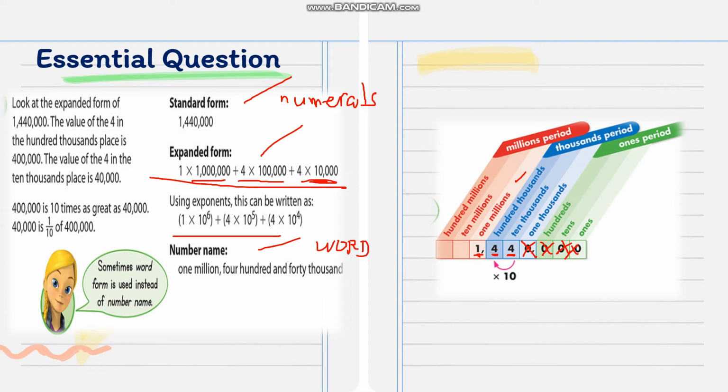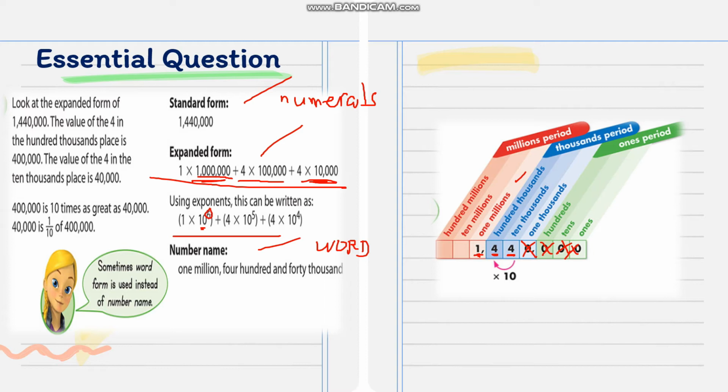How am I going to change that into expanded form using an exponent? You just simply use the base 10. So the first digit is 1, multiplied by 10, and this is 1 million. So 1 million has 6 zeros, so I'm going to use 6 as my exponent.